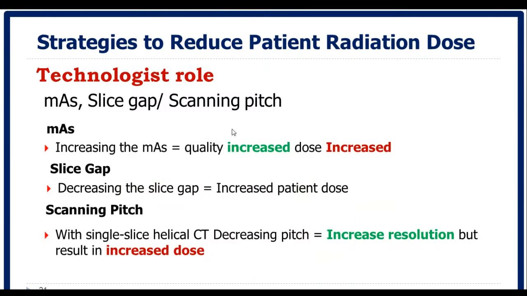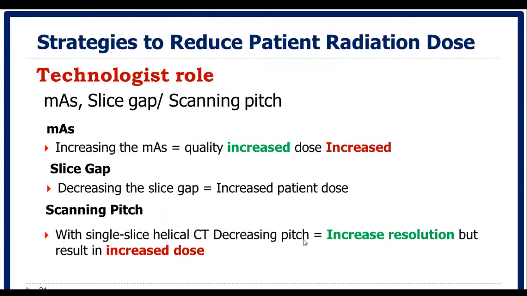These factors were also covered by Prof. Abdulmunim. Increasing the milliampere second, everyone knows that it increases the dose. Decreasing the slice gap in single slice imaging results in increasing the patient dose.